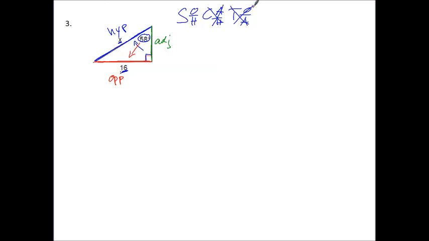Let's set up our equation. The sine of 58 degrees is equal to the opposite, or in other words 16 over x. Oh, x is again in the denominator. That means we're going to have to divide something. But first we're going to solve our proportion.